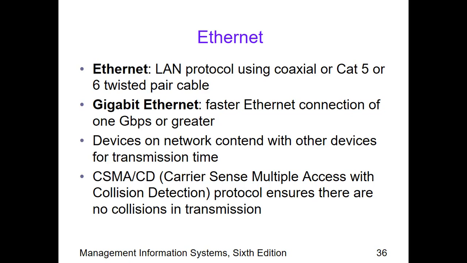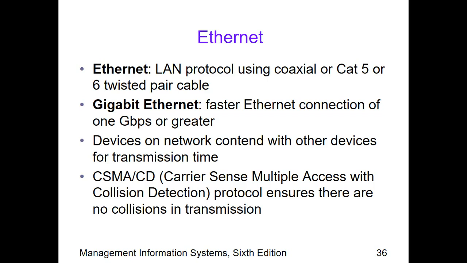If we attach the word gigabit to Ethernet, that results in a faster Ethernet connection of 1 gigabit per second or greater. We should also take note that devices on a network contend with other devices for transmission time. As more devices are connected to the network, there would be some competition in some way.